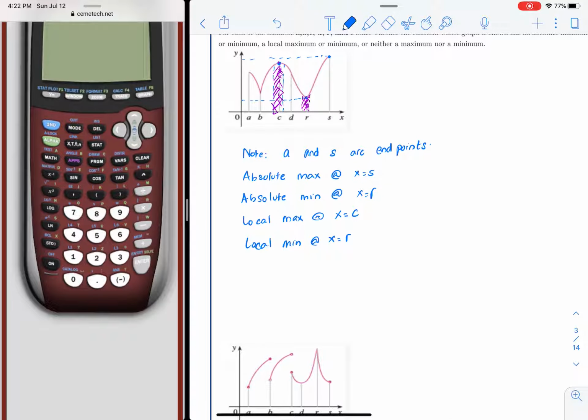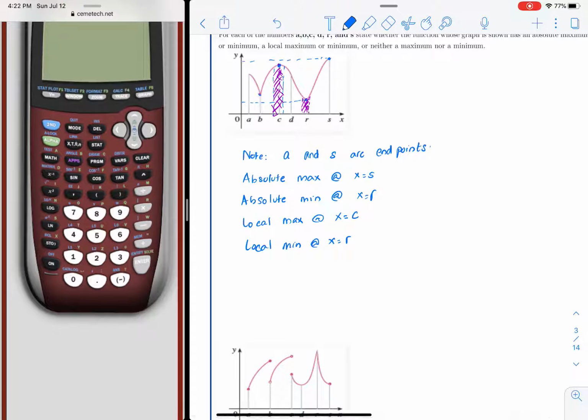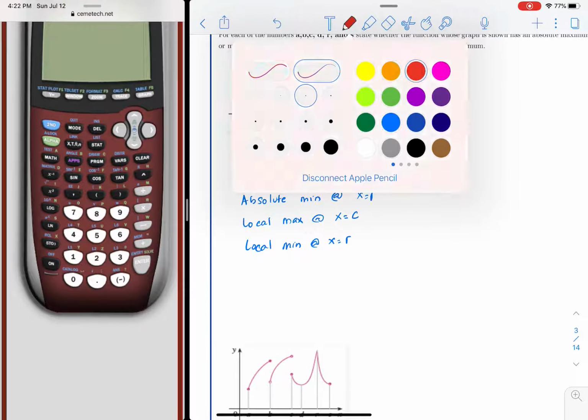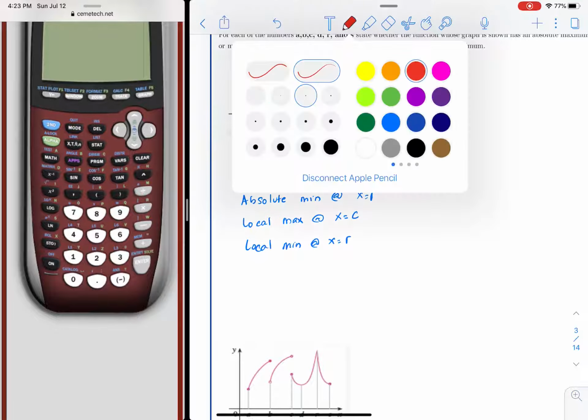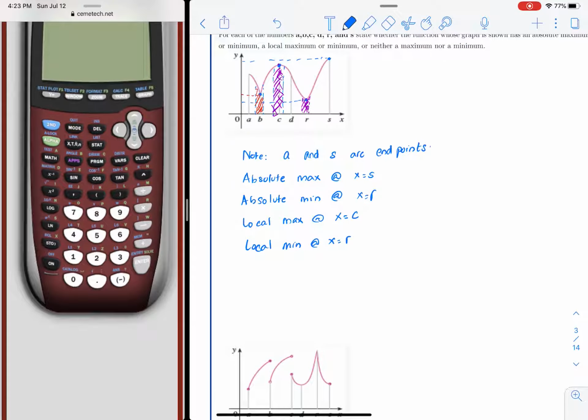And we move on to B. B has a dip here, and between two values close to B, that value that we observe at x is equal to B is small. So that is the lowest value on the interval around B. So that would be a local minimum also.